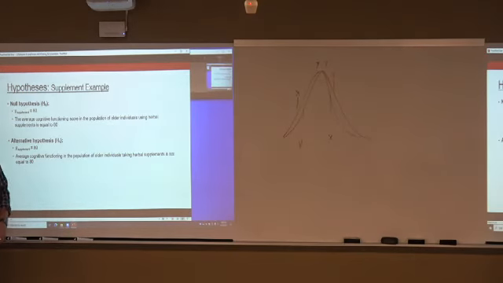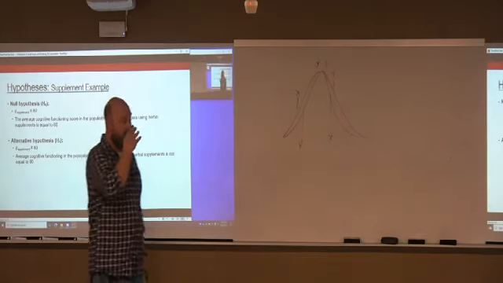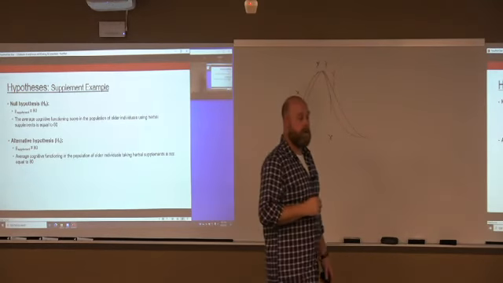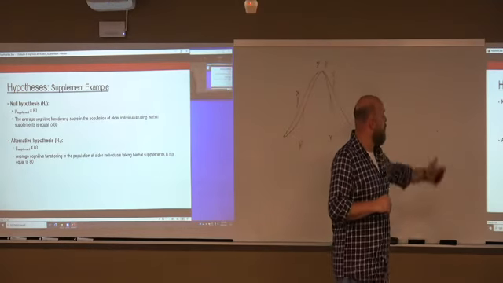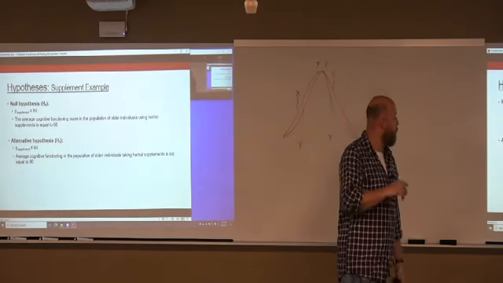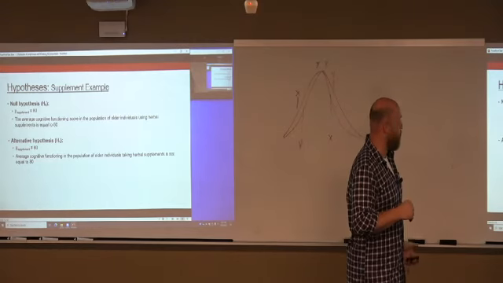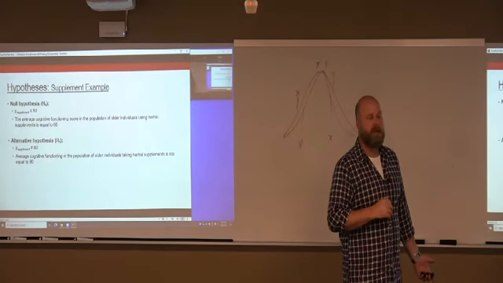It goes back to what I said: in the normal population of older adults, what was the average score on the assessment that I'm giving? It was 80, right? Yeah. So I'm saying the average cognitive functioning score in the population of older adults using herbal supplements is equal to 80. Okay.